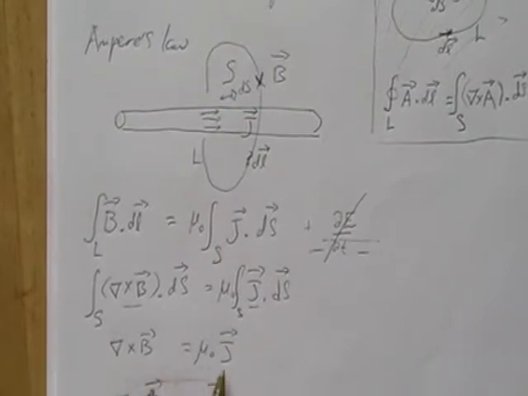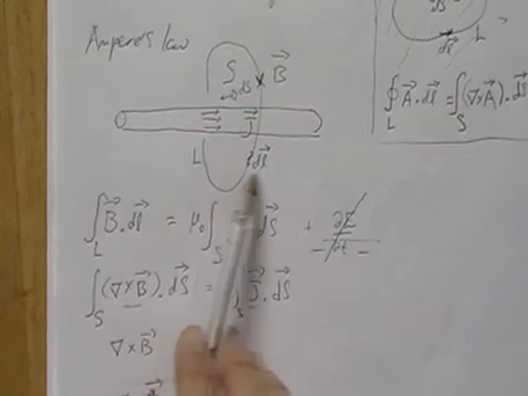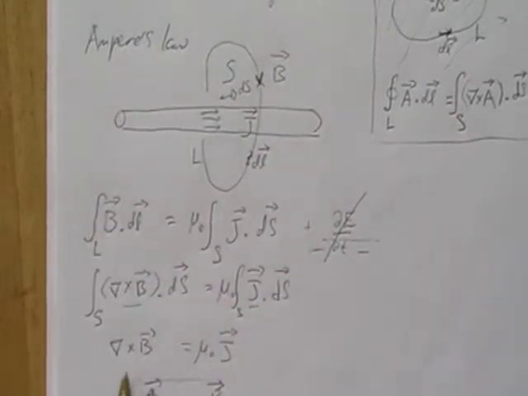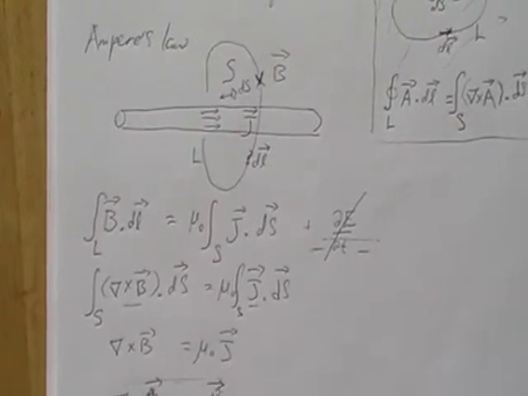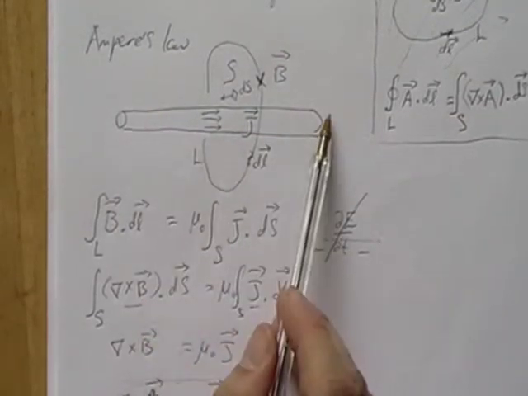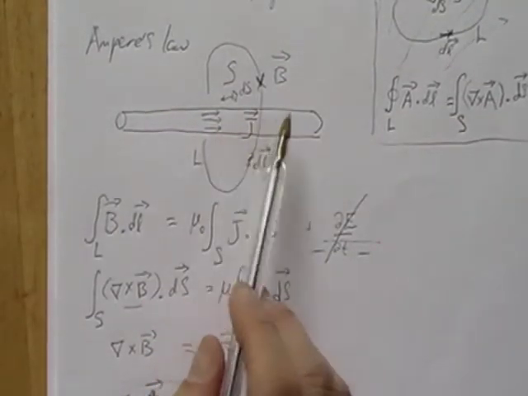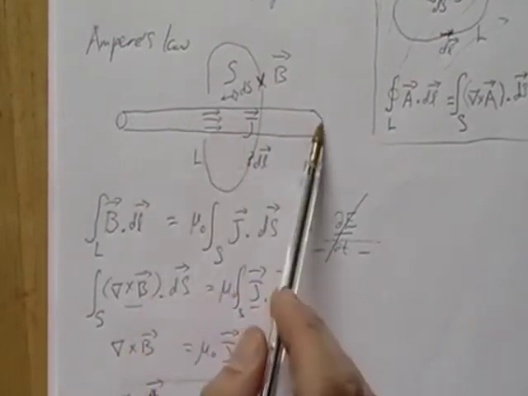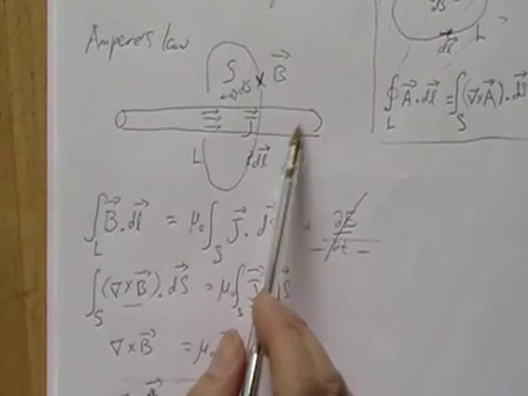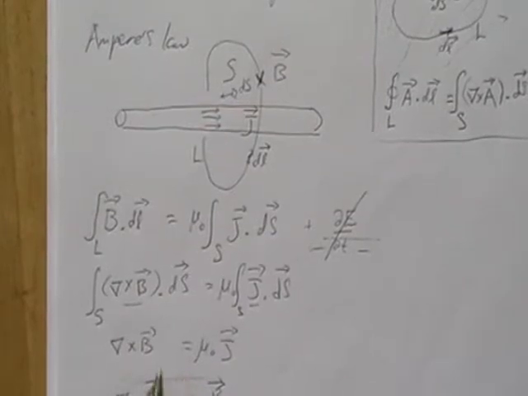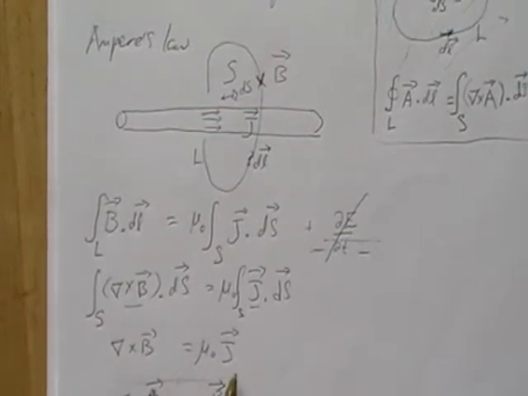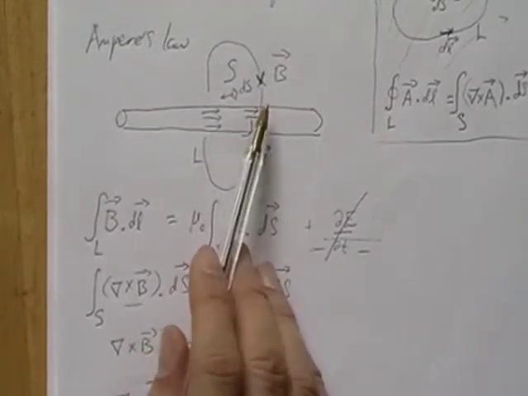Now to see how we can make use of this, look at this example. Alright, this is just one example of this equation, in the sense that in this example, for a given current density going this way along a straight wire, that would give a circular field around the wire. And this equation basically implies this connection between the two.